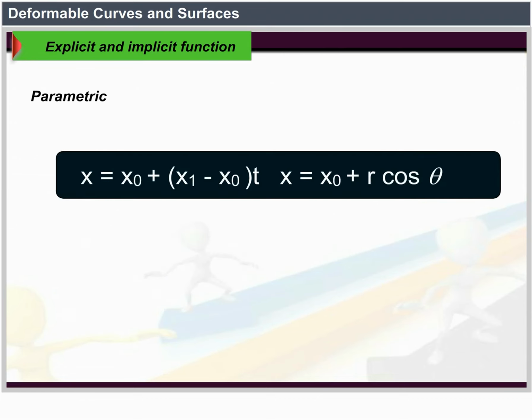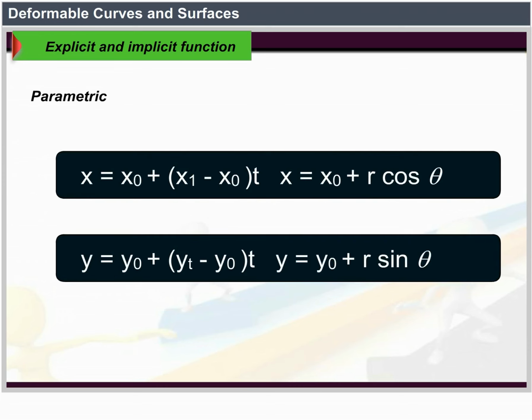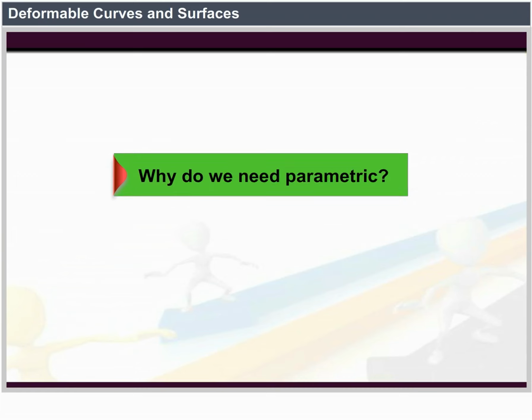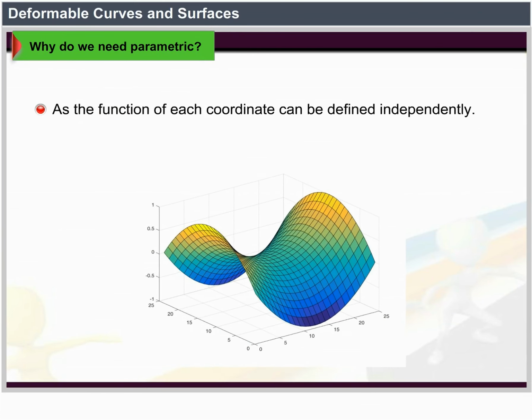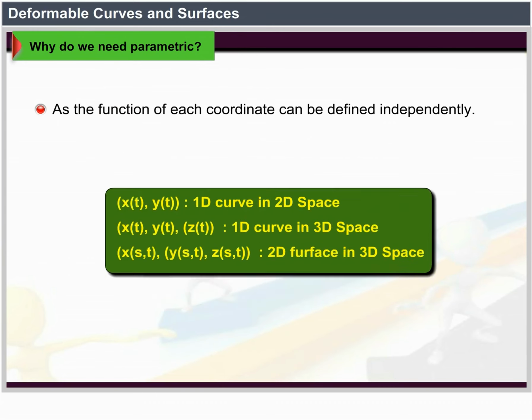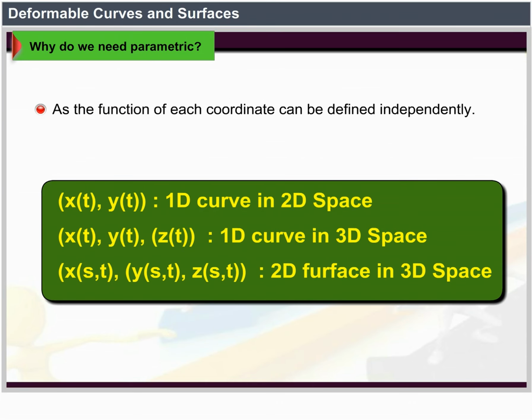The related parametric equations are shown on screen. Why parametric? It is simple and flexible. The function of each coordinate can be defined independently. x of t, y of t is a 1D curve in 2D space. x of t, y of t, z of t is a 1D curve in 3D space.